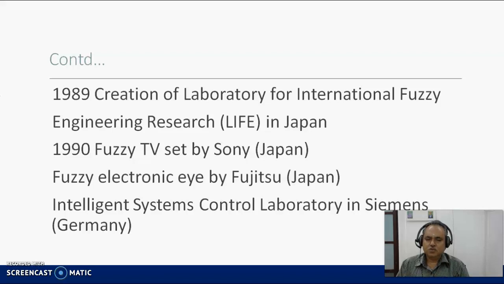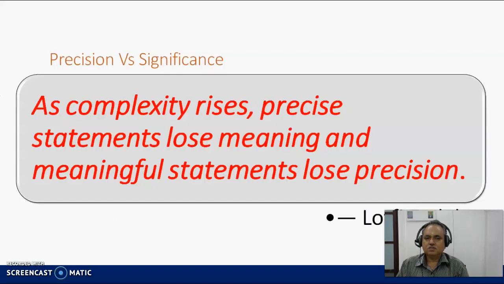More than 250 appliances work based on fuzzy logic theory. You may already be aware that there are fuzzy based washing machine controls, fuzzy based coffee makers, and so on. There are many exclusive journals available for fuzzy logic concepts.